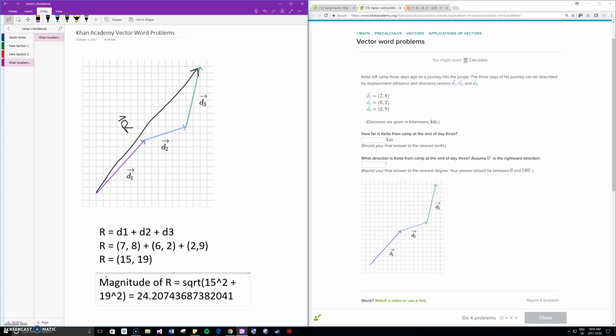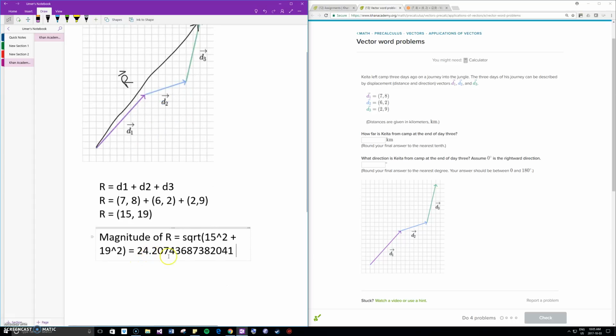Here we go, it figures it out for me. So the magnitude of R is roughly 24 kilometers. We've got to round it to the nearest tenth, so 24.2 kilometers from camp. So we've figured out the length of this black vector.